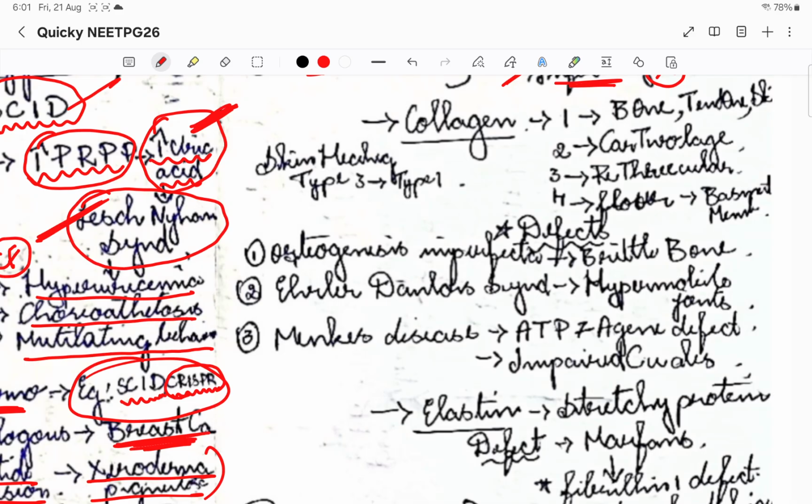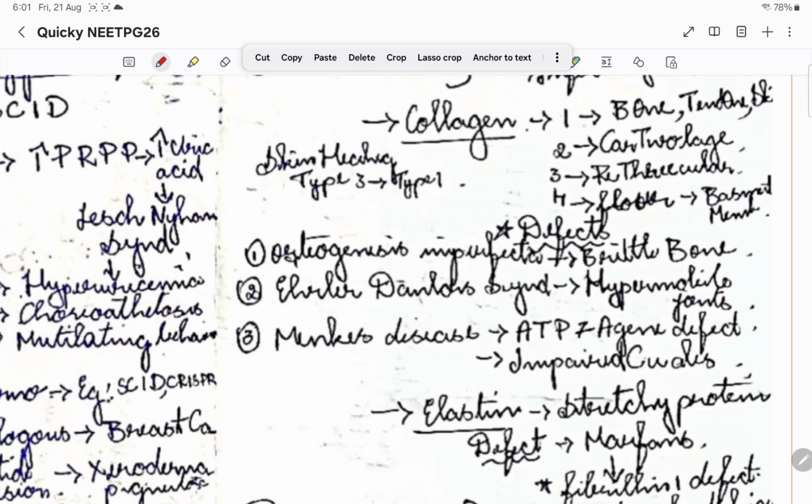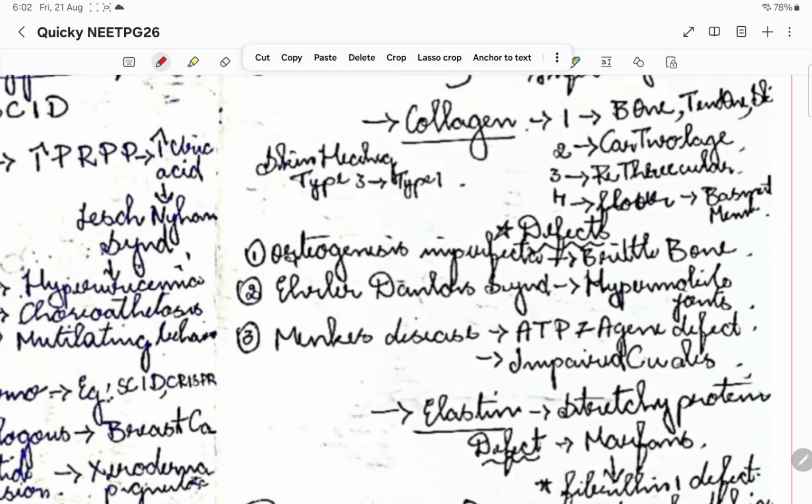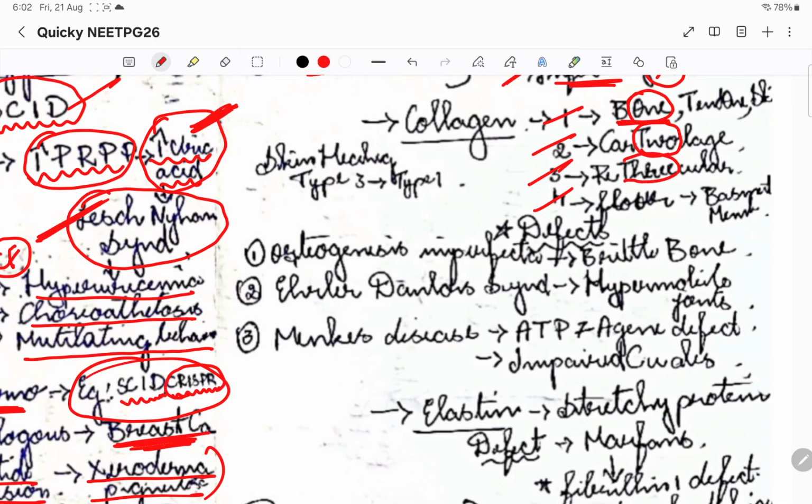There are four types of collagen: type 1, type 2, type 3 and type 4. Remember it this way: 1 is bone, 2 is cartilage, 3 is reticular, 4 is floor. If you remember it that way, it will be easy.